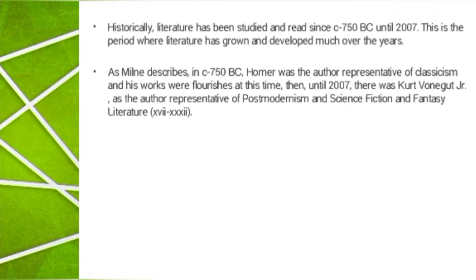So this is a little history about English literature. Homer was a representative of classicism, and his works flourished at this time. His work itu sedang berkembang pada waktu itu until 2007.